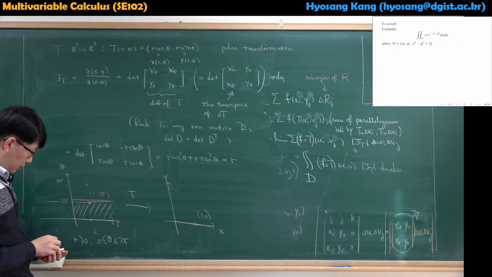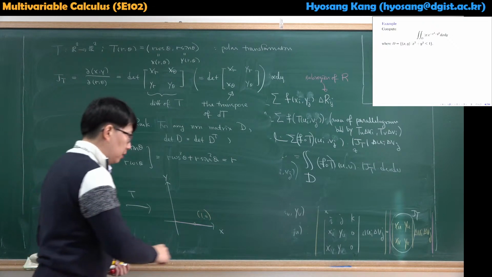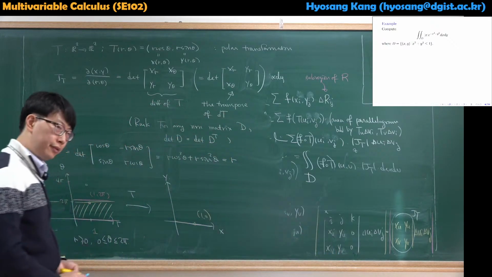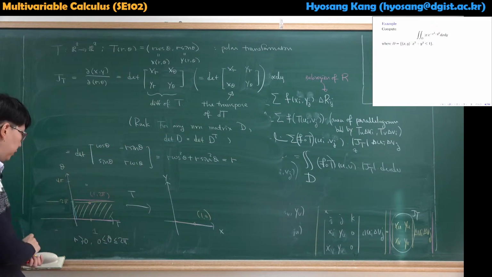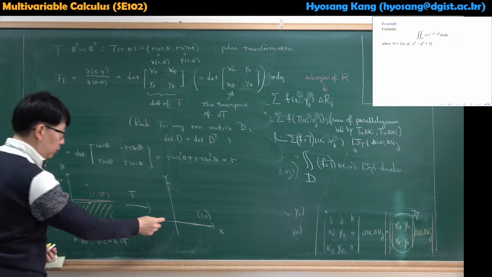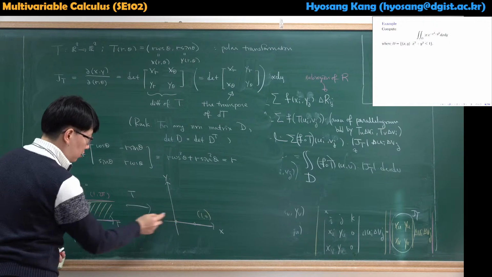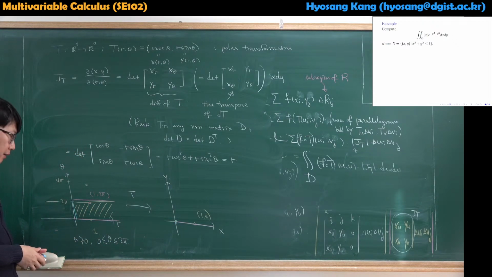And again, there's one more problem. When r is 0, no matter what your theta is, it all goes to the origin. Okay? So one-to-one also fails at this line.